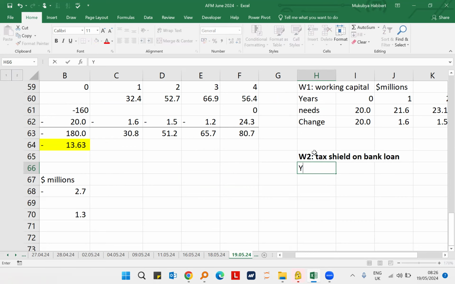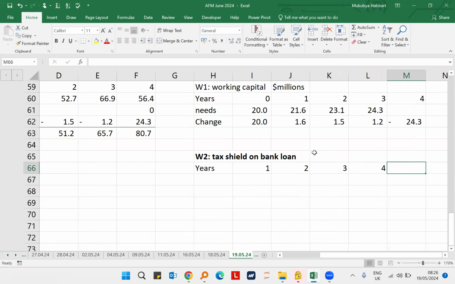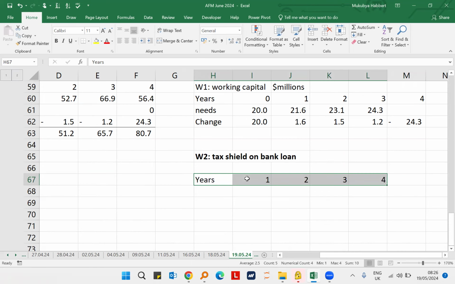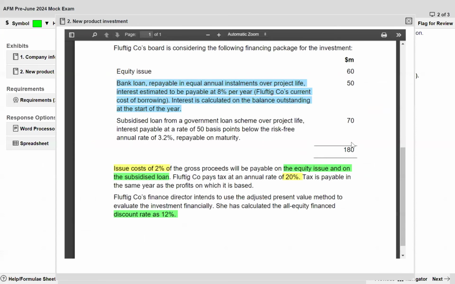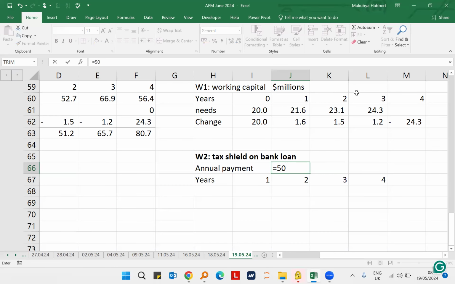So you'd have the years 1, 2, 3, 4. But before you get the years, you need to know how much you are paying annually. So you can have the annual payment. Remember that the loan is 50 million. So we are going to divide the 50 million by the annuity factor for 4 years, which you can bring from the tables.